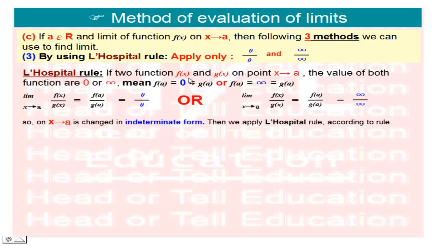If two functions f(x) and g(x), as x tends to a, have the value of both functions equal to 0 or infinity, meaning f(a) equals 0 and g(a) equals 0, or maybe f(a) equals infinity or g(a) equals infinity, so both are showing the indeterminate form like 0 divided by 0 or infinity by infinity, then we can apply the L'Hospital rule.